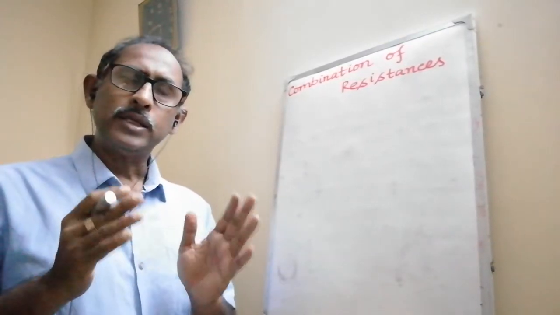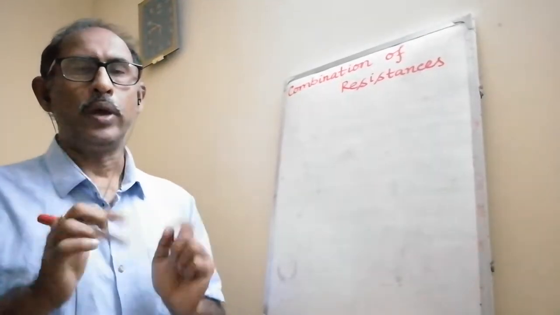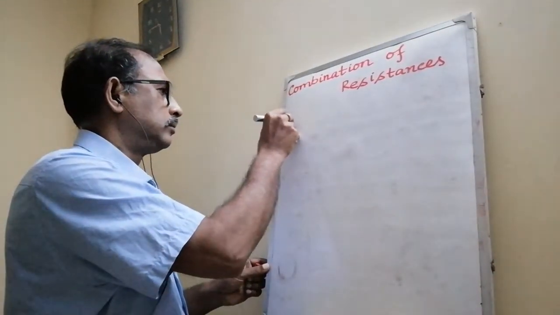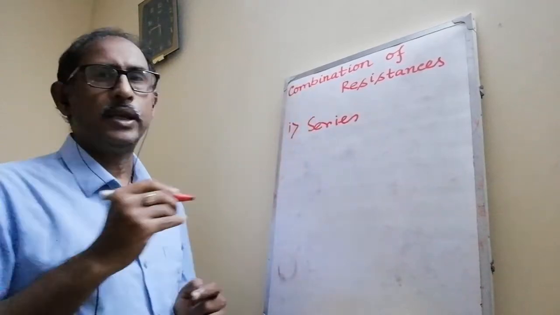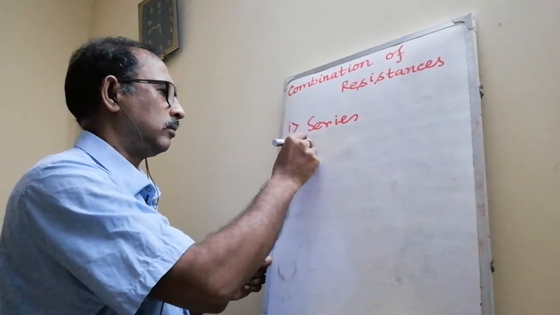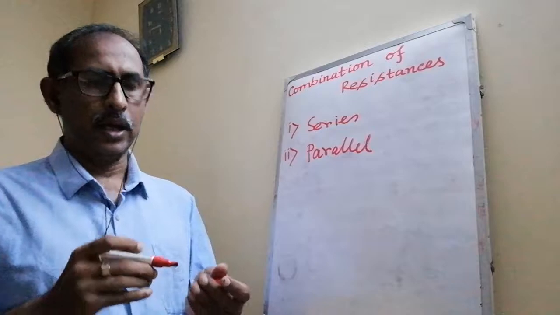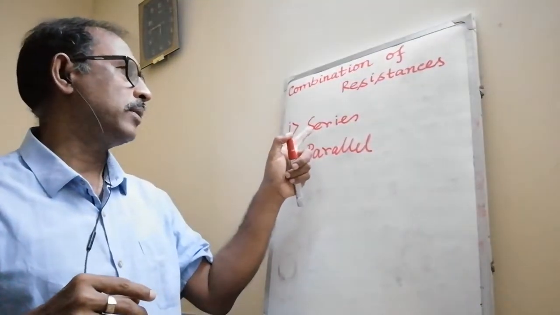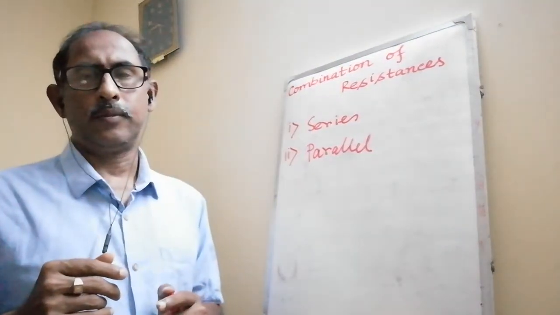Here the resistances are connected in a circuit in two ways. Number one, in series connection, and number two, in parallel connection. So combinations of resistances are of two types. One is the series combination, another is the parallel combination.